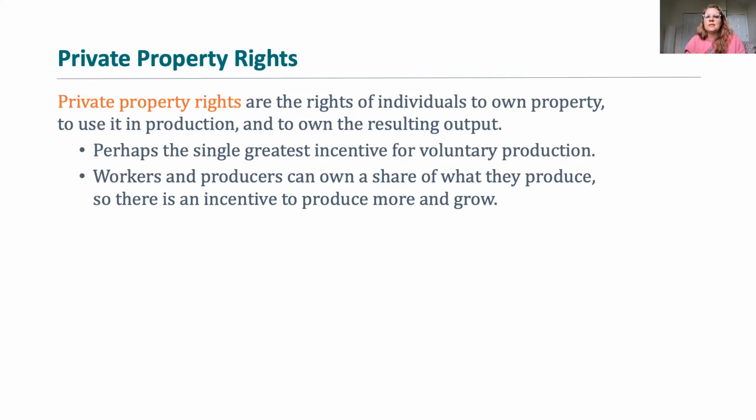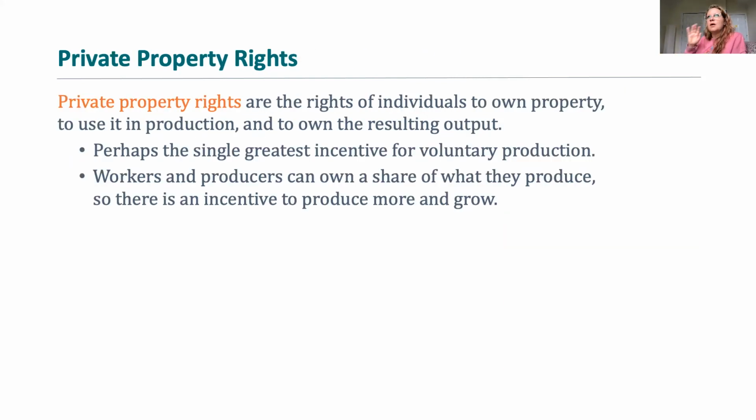This is where the incentive comes from for people to innovate and for people to expand and produce more, right? It's perhaps solely the greatest incentive for voluntary contributions to society. So if workers and producers couldn't own any share of what they produce, they would have no incentive to produce it, right?